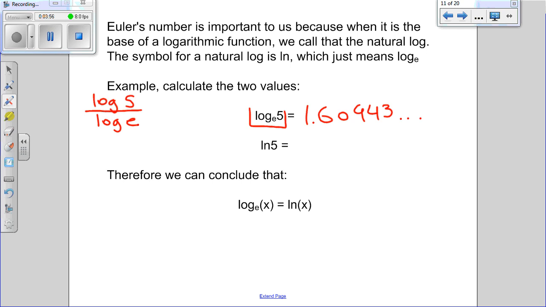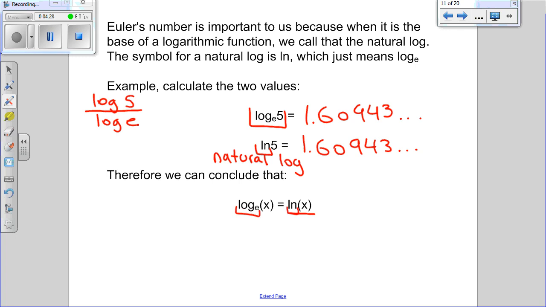You're going to notice it's the exact same thing. The reason why it's the exact same thing is that when you see ln, they call that the natural log. That means it's log with a base E. So they've written it right here for you: ln equals log base E. The same thing.